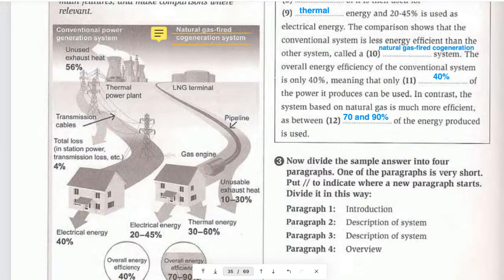So that means that with the second system, they only lose around 10 to 30%, so they still have around 70 to 90%. That means it is more efficient than the other system.